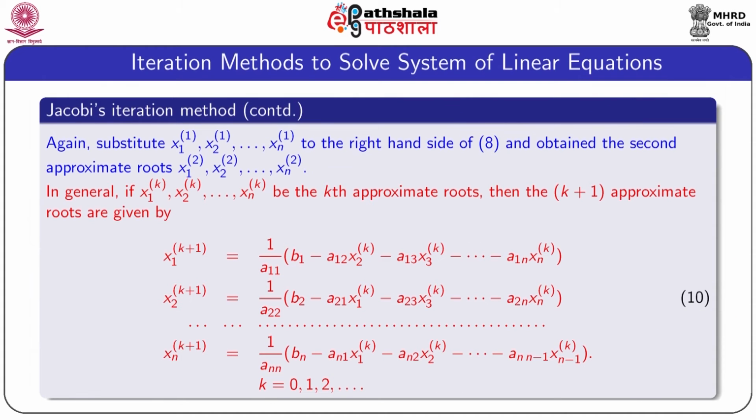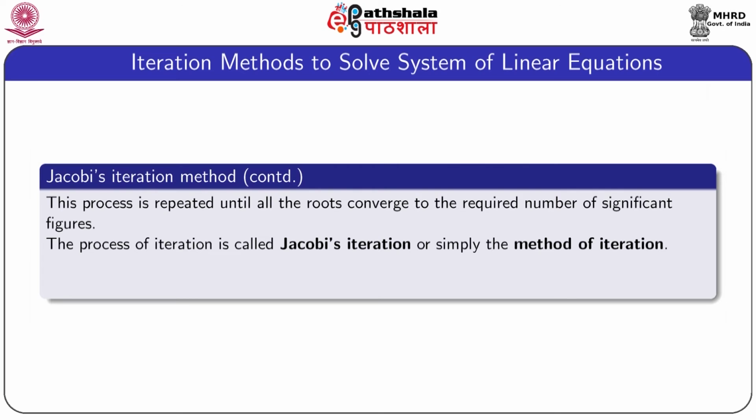And similarly, the k plus 1 iterated value of xn is obtained from the last equation, and here k is equal to 0 or 1 or 2 and so on. This process is repeated until all the roots converge to the required number of significant figures. This process of iteration is called Jacobi's iteration or simply the method of iteration.